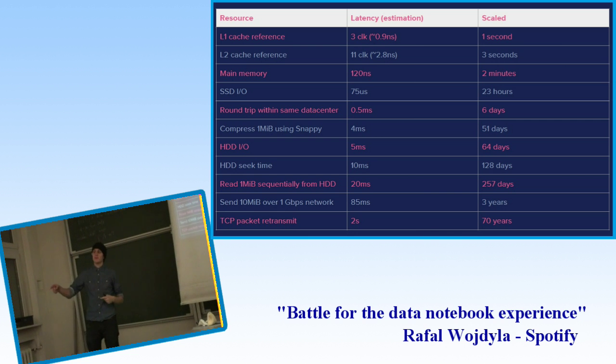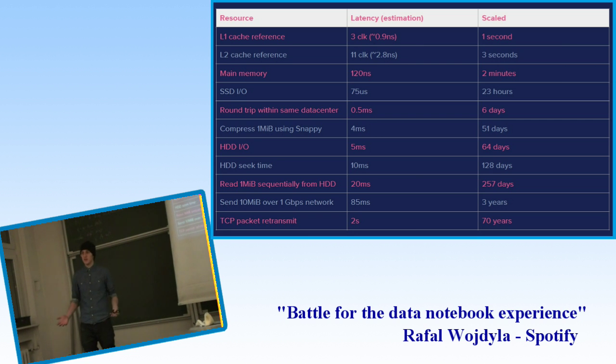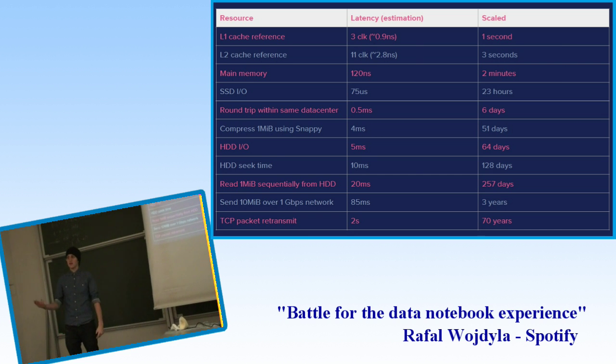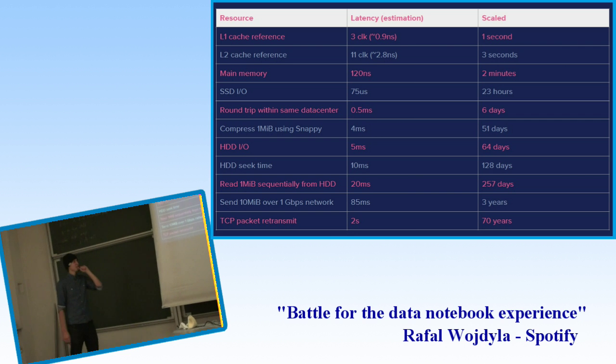If you want to reference something in an L1 cache, it will take you 3 clock cycles, which we can assume is 1 nanosecond. I have no clue what 1 nanosecond is. That means nothing to me. So let's assume that 1 nanosecond is 1 second. We kind of know what 1 second is. It's kind of like this. It's 1 second, right?